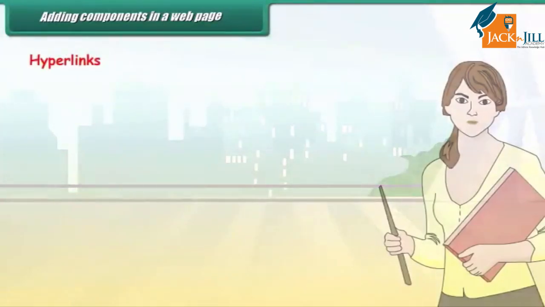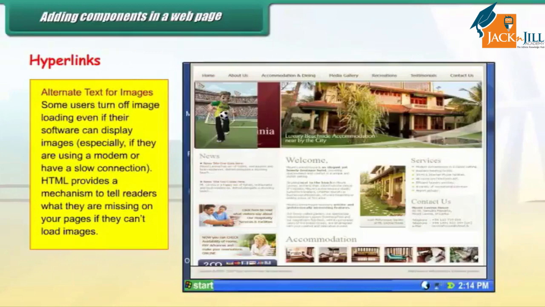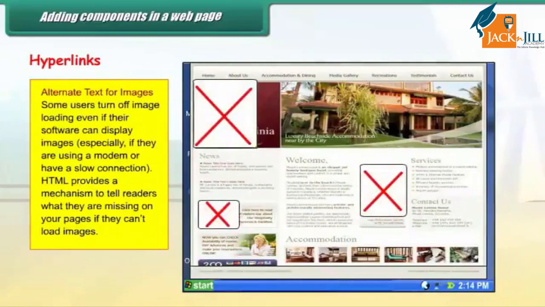Alternate text for images. Some World Wide Web browsers, primarily text-only browsers such as Lynx, cannot display images. Some users turn off image loading even if their software can display images, especially if they are using a modem or have a slow connection.